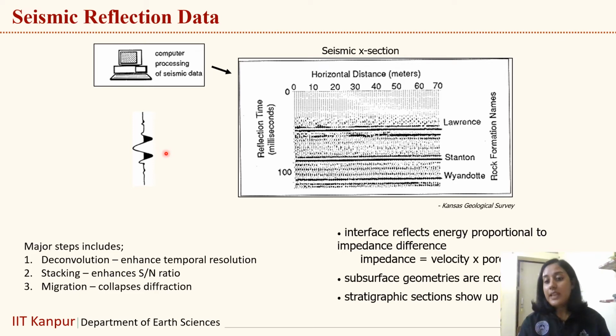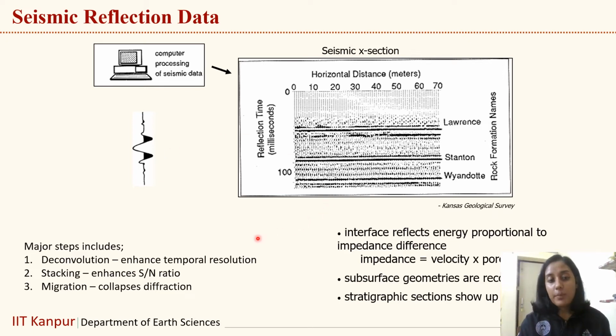Second is stacking: generally we do common midpoint stacking to enhance the signal to noise ratio. Third comes the migration step, with the help of which we bring the dipping events to their true subsurface location.